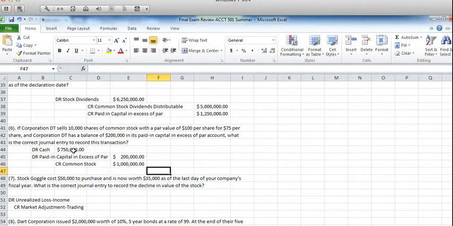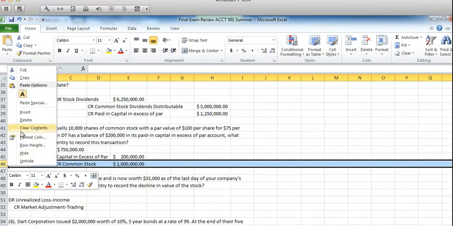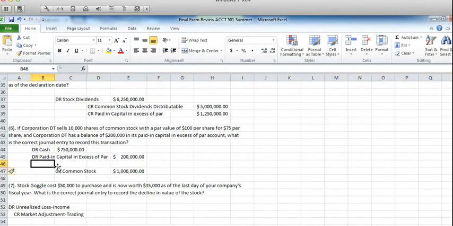But you'll see if you add these two together that I'm still short $50,000 here. So I'm actually going to need another debit entry to make up the difference. And that will come from retained earnings. Okay, so that will be another 50,000, and there you go.